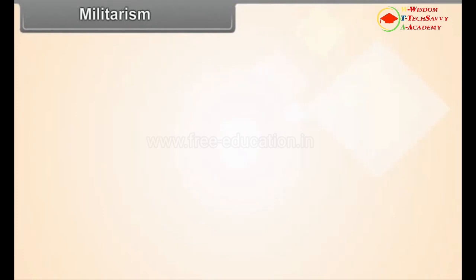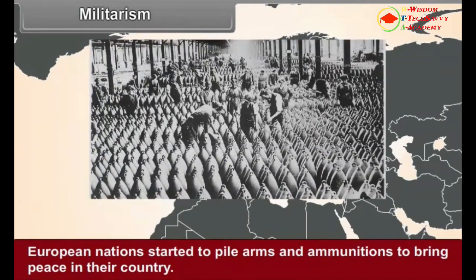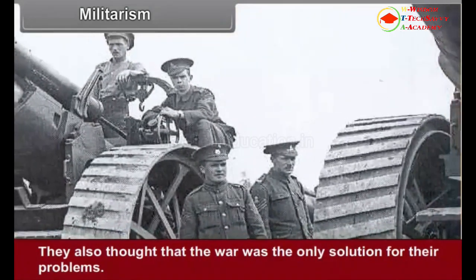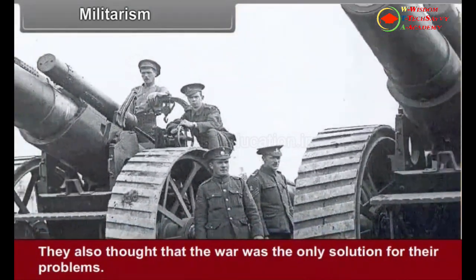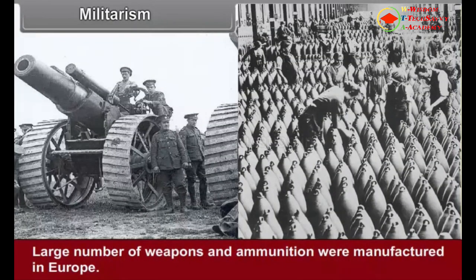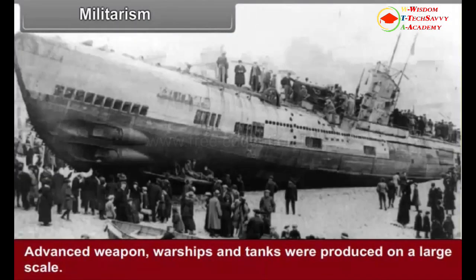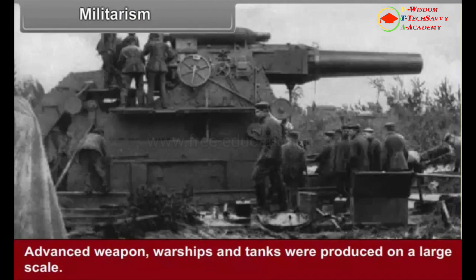Militarism. European nations started to pile arms and ammunition to bring peace in their country. They also thought that war was the only solution for their problems. Large number of weapons and ammunition were manufactured in Europe. Advanced weapons, warships and tanks were produced on a large scale.